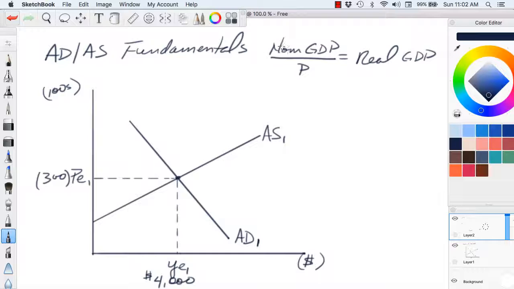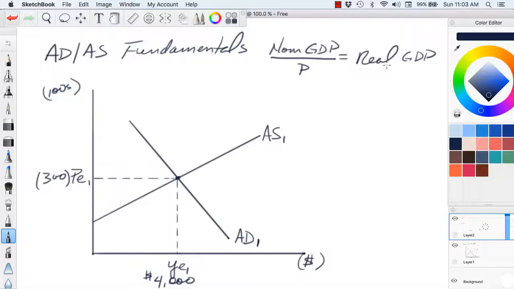So we've learned way back when we talked about the price level in particular that any nominal amount can be converted to a real amount by dividing it by the price level. Nominal is in current dollars, real is in base year dollars. And remember, we want to get data into base year dollars so we can compare it over time.